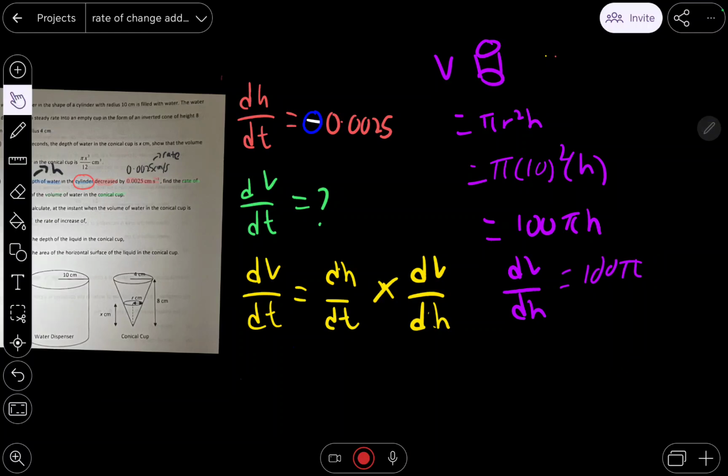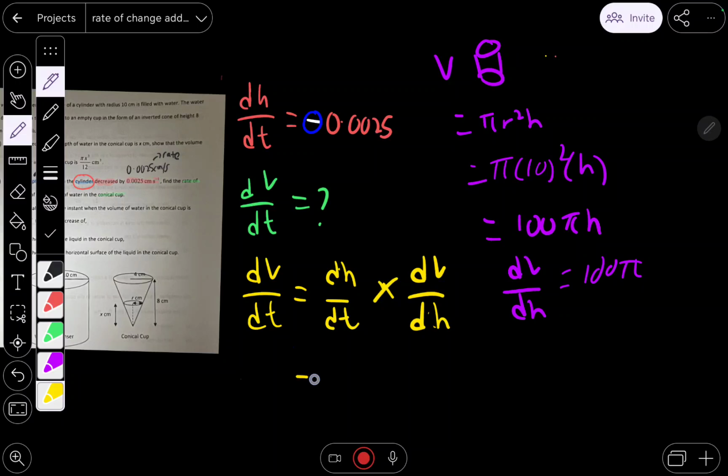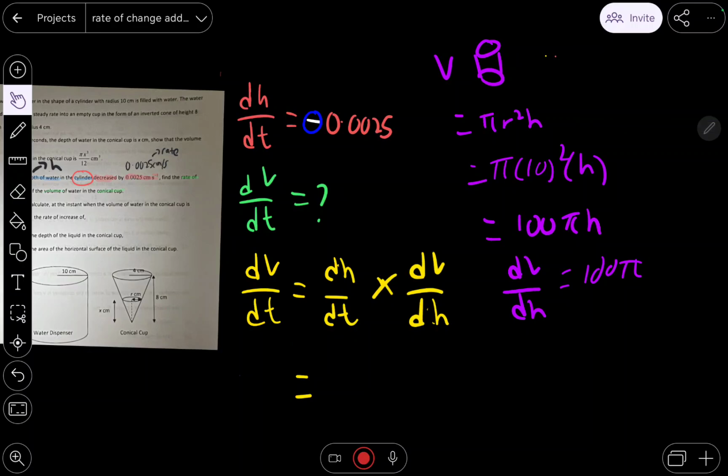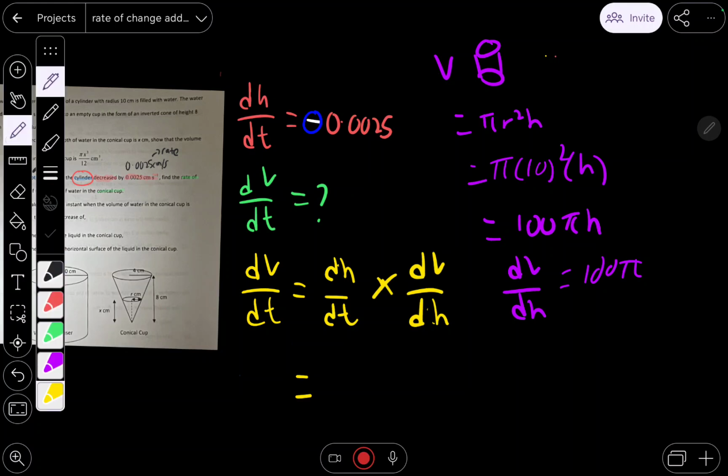Okay? So, can we start? Can, right? So, let's start our rate of change. So, what's our rate of change? dh/dt, right? So, dh/dt is what? Minus 0.0025 times 100 pi. So let's see what is minus 0.0025.